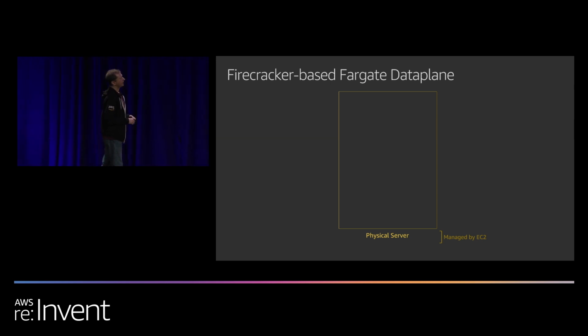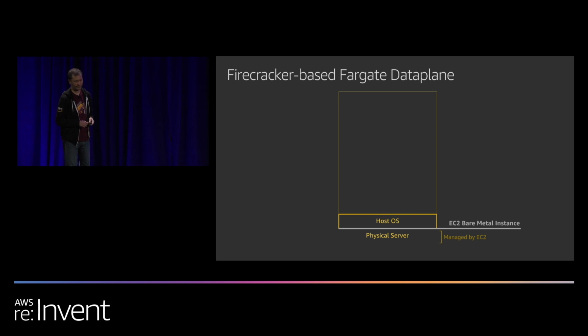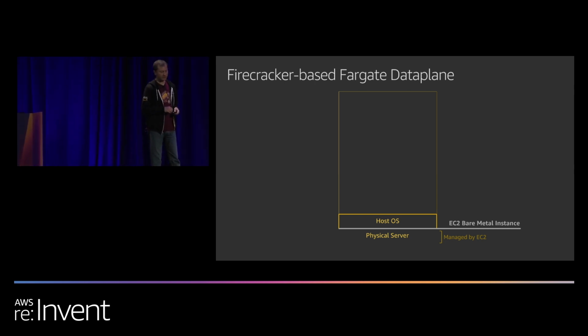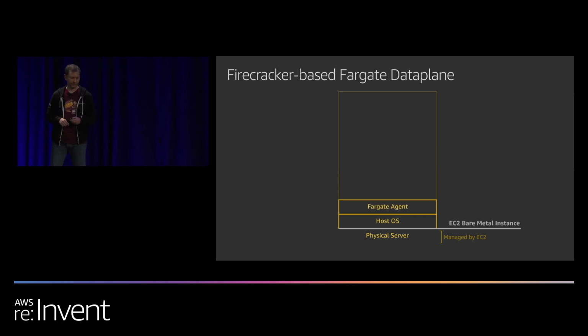So this is the new Firecracker-based Fargate Dataplane. Let us take a closer look now. Just like our EC2-based Dataplane, at the very bottom we have the physical server that is managed by EC2. Fargate tasks run on our fleet of EC2 bare metal instances. And within the bare metal instance, we run our host OS, again, Amazon Linux 2, and we run our multi-tenant Fargate agent on it.